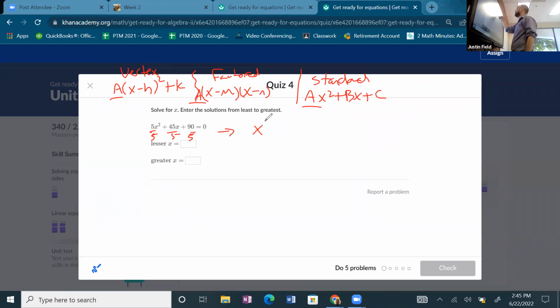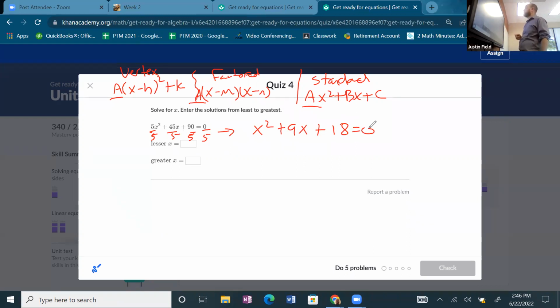When it's an equation, you can even divide both sides by 5, and the GCF goes away when we're solving. So I don't even need the parentheses. So x squared plus 9x plus, what would that be, 18?